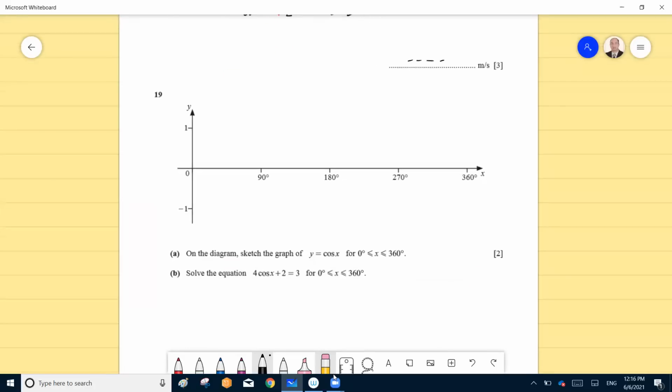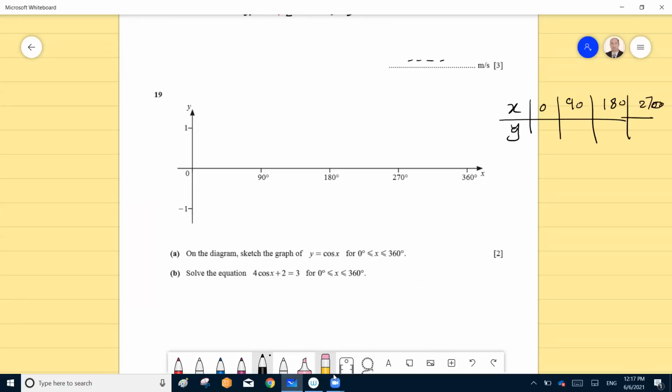And the next question, number 19, I want to solve. On one diagram, sketch the curve y equals cosine x, for x from 0 to 360. You just take values of x in steps of 90: 0, 90, 180, 270 and so on.